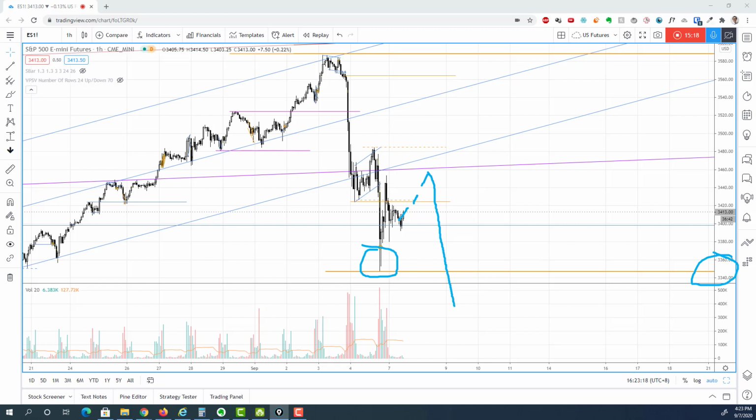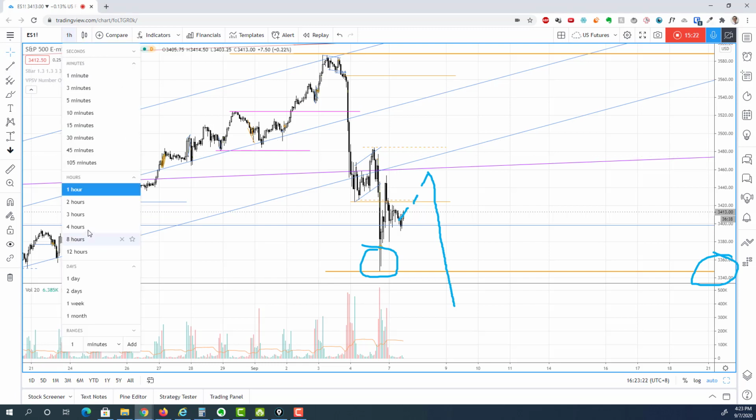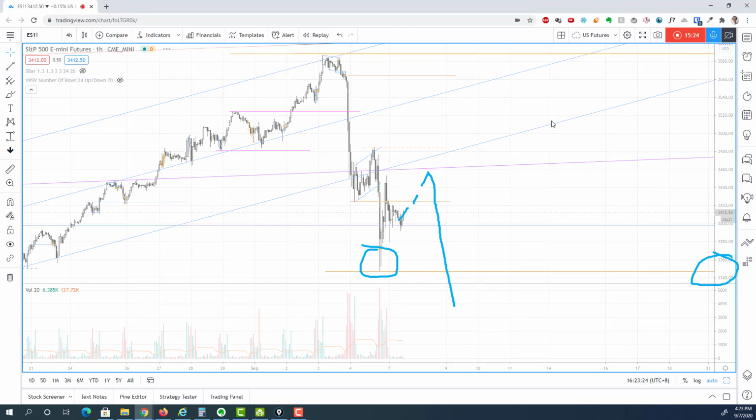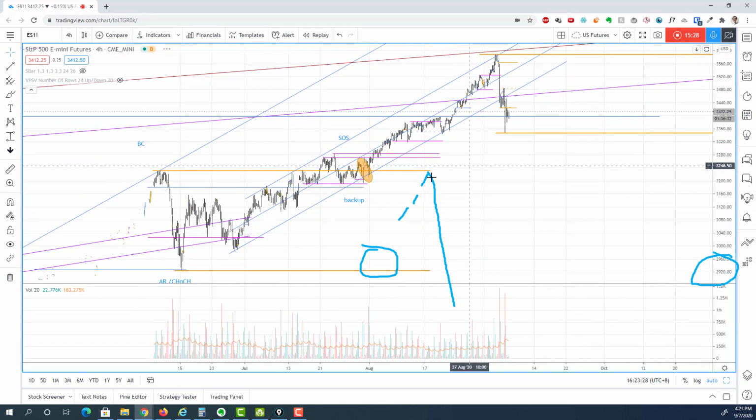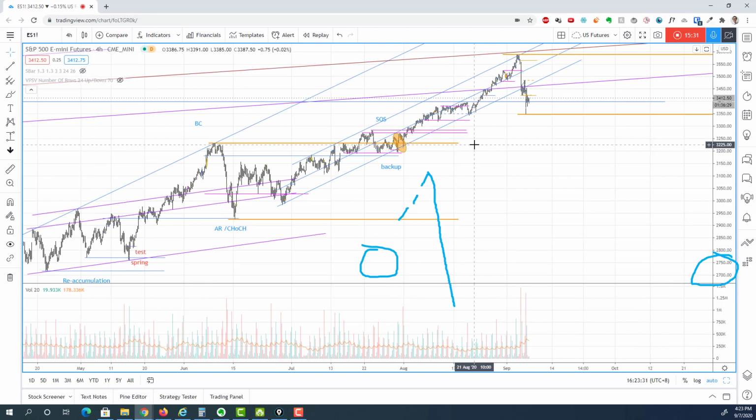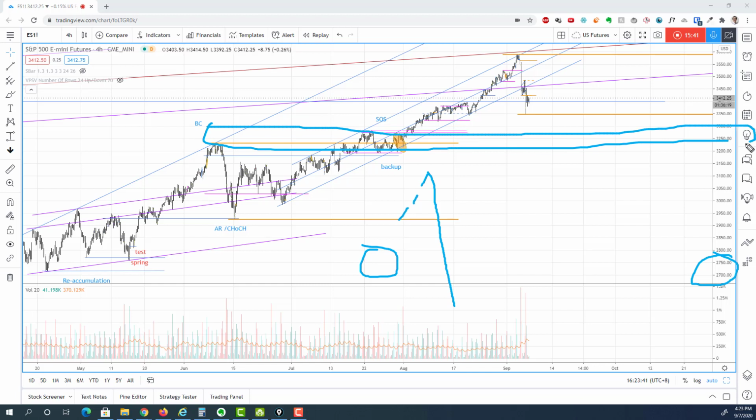The next more significant support level will be around 32.30, which is this orange line here. So that could become a very important support level, the area of the next support.